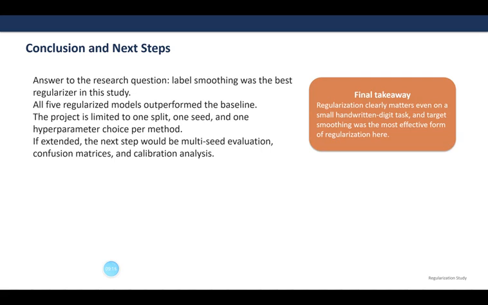There are also clear limitations. It only used one dataset split, one random seed, and one hyperparameter setting for each method. If I extend this work, the next step would be multi-seed experiments, confusion matrices, and calibration analysis. Thank you. In fact, this is all the content I present for you.